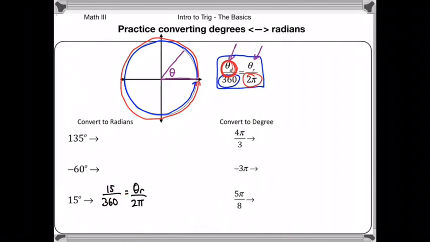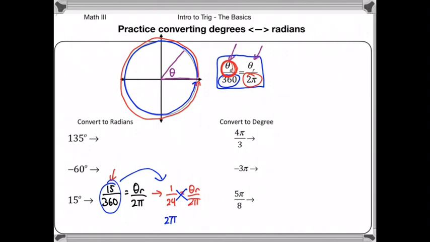Okay, for this next one, we want to get 15 degrees, and 15 degrees is going to be on top right here. And we want to get radians, so I'm going to reduce the left-hand side, which will look like that. I divided 15 in the top and the bottom to simplify this fraction to get this. And then cross multiply. So I get 2 pi equals 24 theta r.